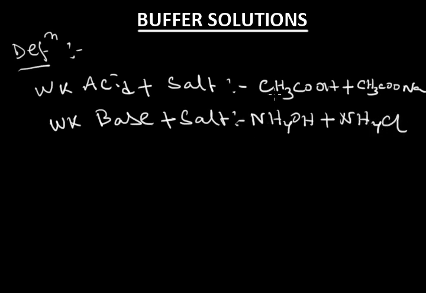Now, the mixture of a weak acid and its salt is called an acidic buffer, and the mixture of a weak base and its salt is called a basic buffer solution.